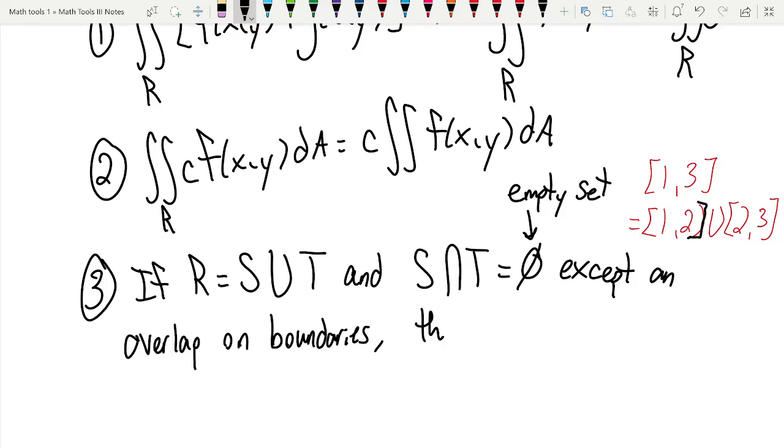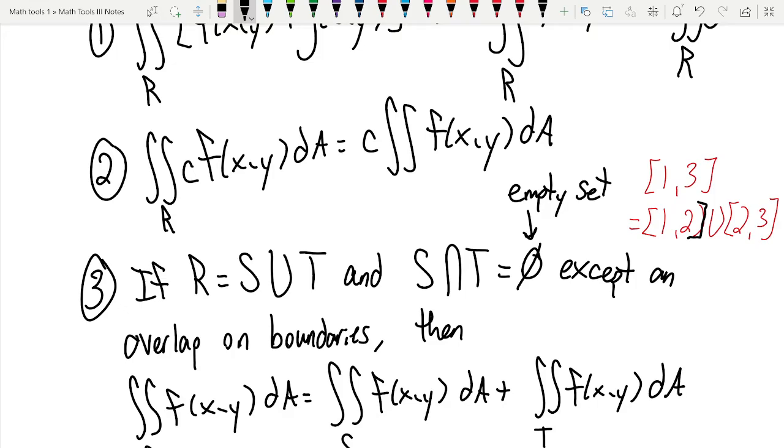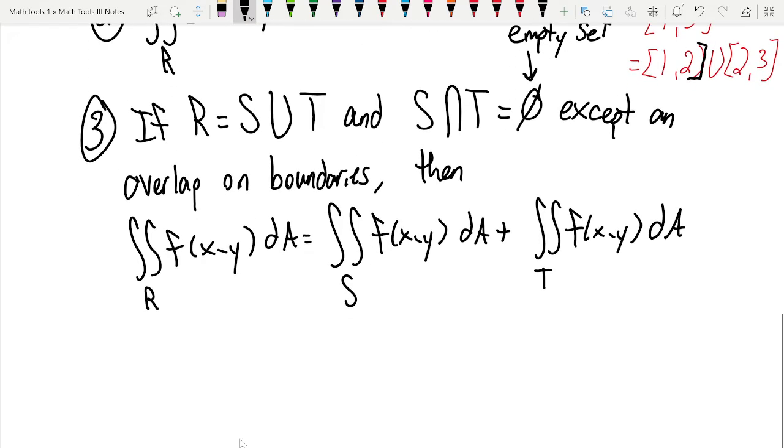So then, if this is the case, the integral of f(x,y) can be decomposed into the integral over S plus the integral over T. Same idea, maybe a little bit harder to execute though, because the regions are probably a little harder to break up than intervals are.